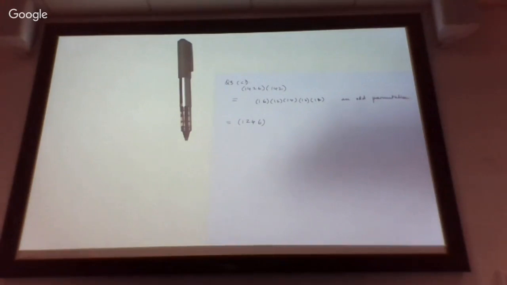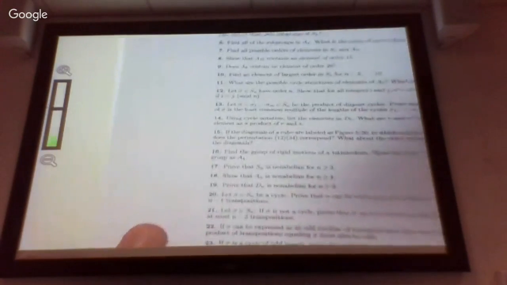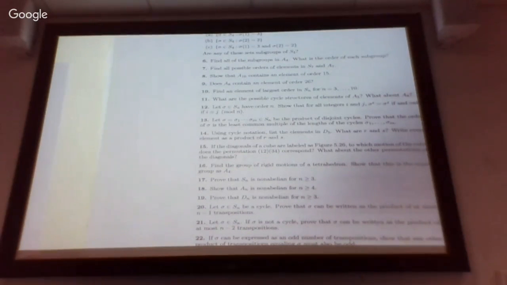Here's an interesting one. Question 8 says, show that A10 contains an element of order 15.